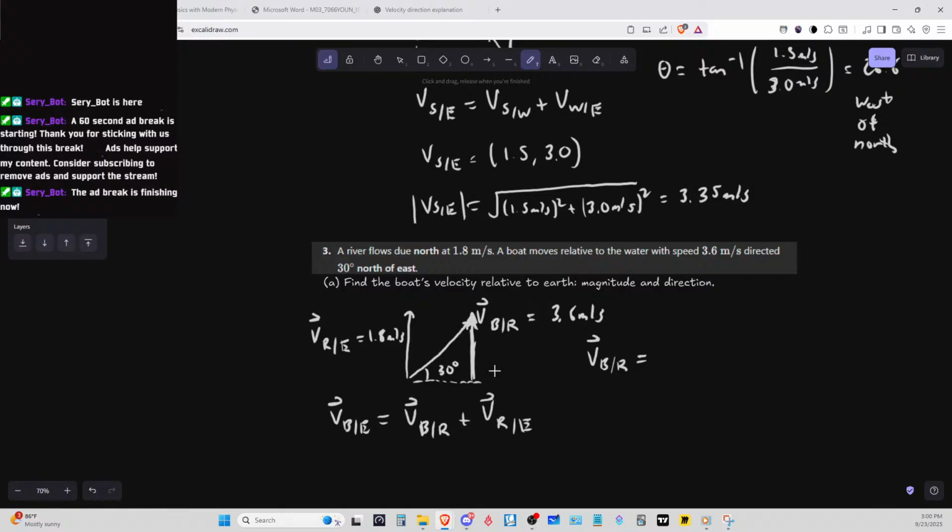So find the boat's velocity. So we have 3.6 cosine of, now for this one, so find the relative. So this is 30, so this side will be 60.